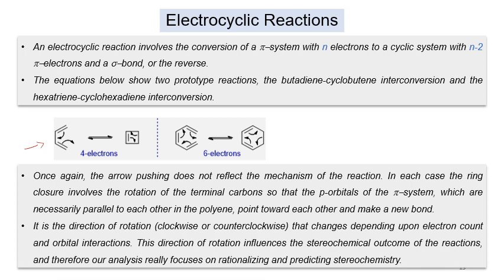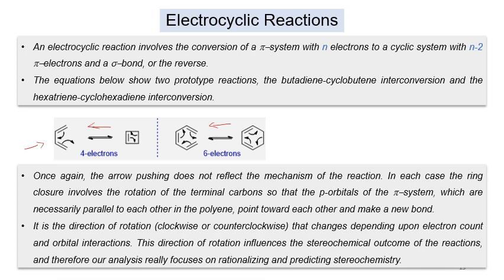Usually, electrocyclic reactions are reversible. So it is possible to go from a cyclic system to an acyclic system by breaking of the sigma bond and the reorganization of the pi bonds to give you an acyclic conjugated polyene. As you can see in these reactions, the backward transformation in both the cases.